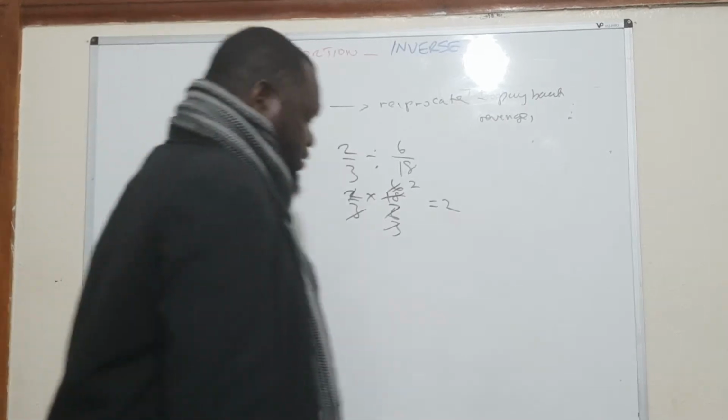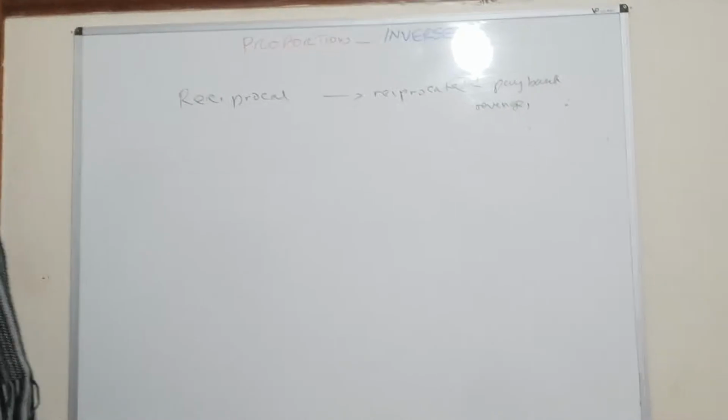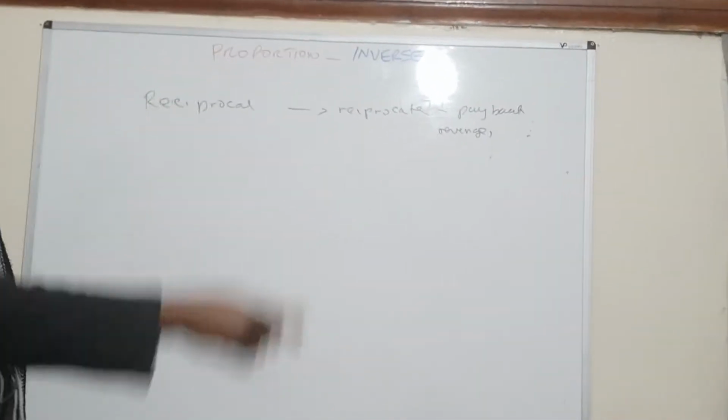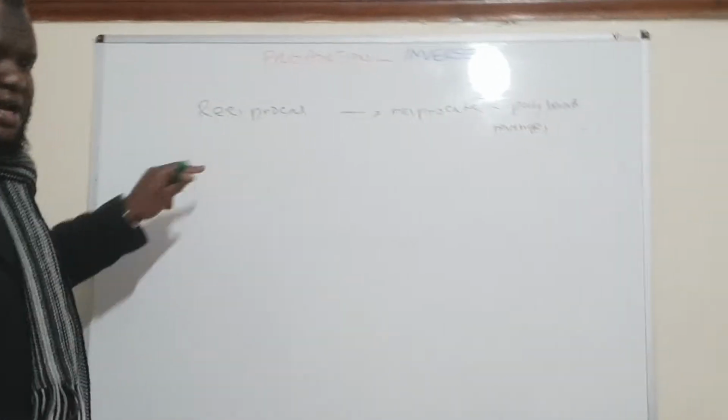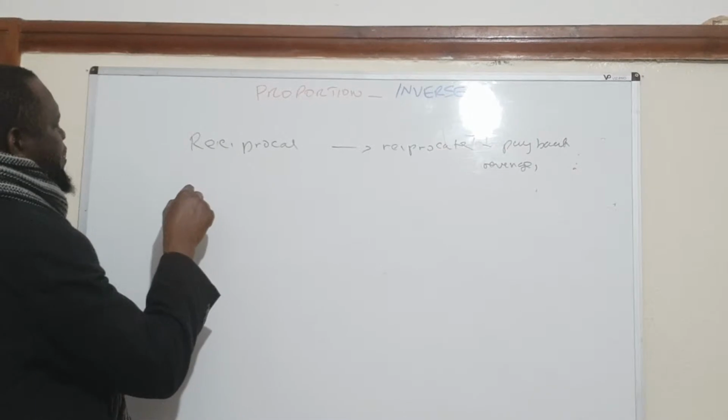Okay, that's quick maths. Now, our topic is inverse proportion. We have done direct proportion. So the inverse will be the reciprocal of what we did direct proportionally. Look at this.